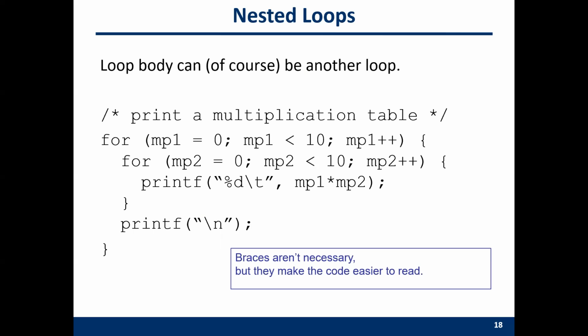The inner loop will run for 10 times, and the outer loop will run for 10 times. So in total we will run this piece of code 100 times, but this one only 10 times.